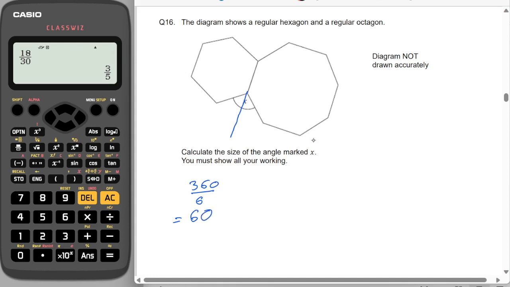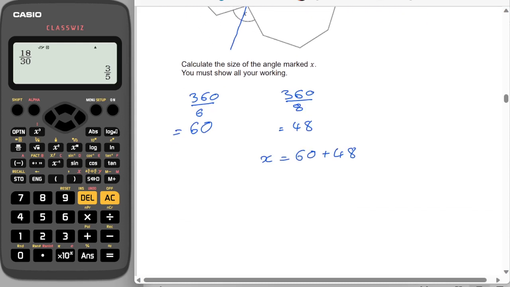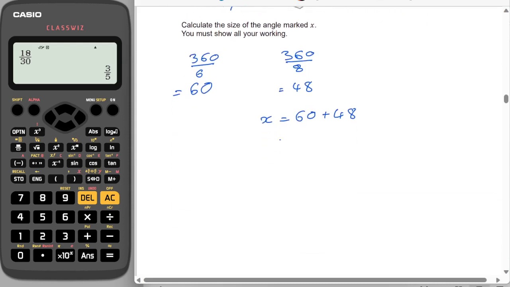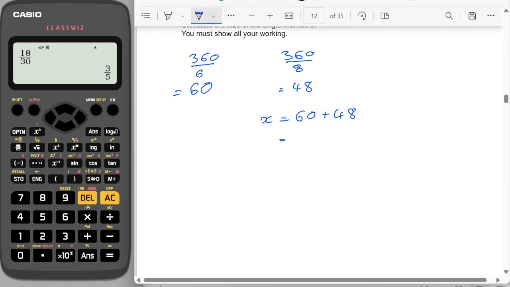And the angle of the octagon is going to be 360 divided by 8, which is going to be 45. So the X is going to be equal to 60 plus 45. So that's going to be equal to 105. And I've miswrote there, sorry. 360 divided by 8 is 45.